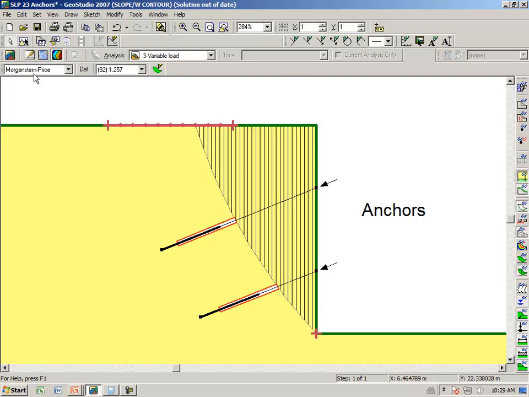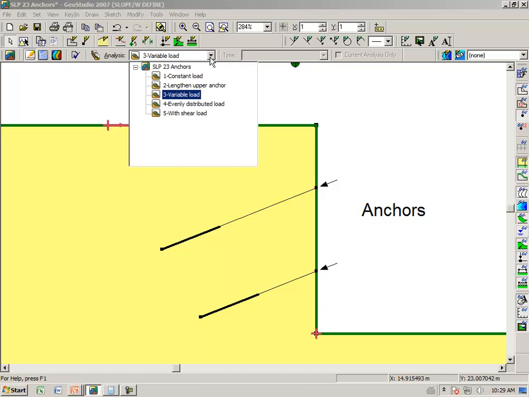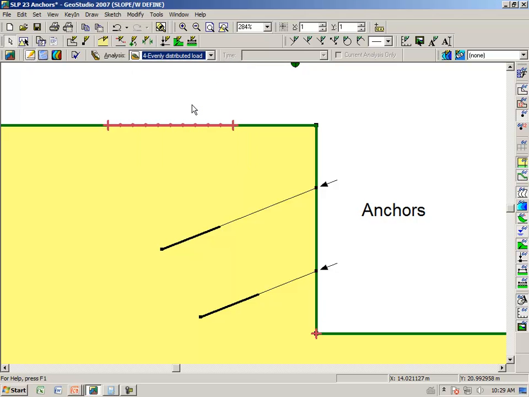Let us go back then to the define mode and go back to the next analysis, evenly distributed. So now instead of concentrating the load all in one slice, we will distribute the anchor load amongst many slices.